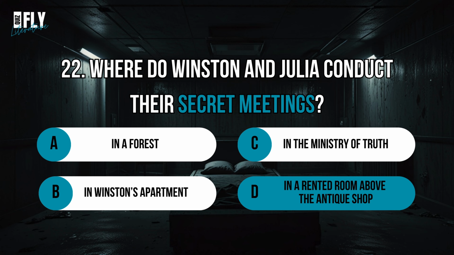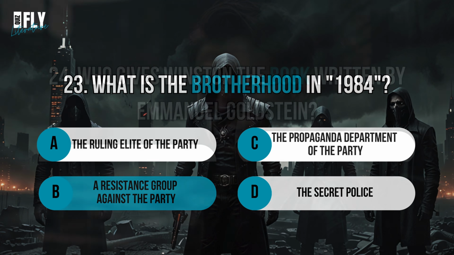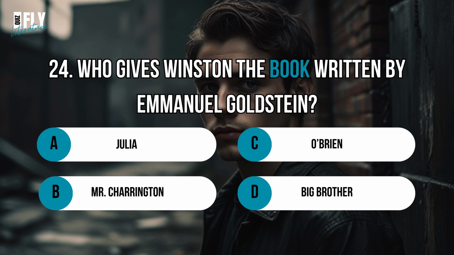Where do Winston and Julia conduct their secret meetings? In a rented room above the antique shop. What is the Brotherhood in 1984? A resistance group against the party. Who gives Winston the book written by Emmanuel Goldstein?